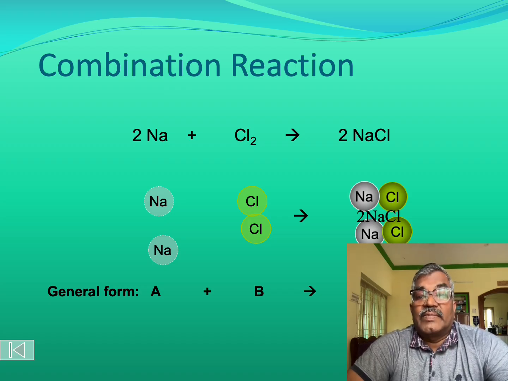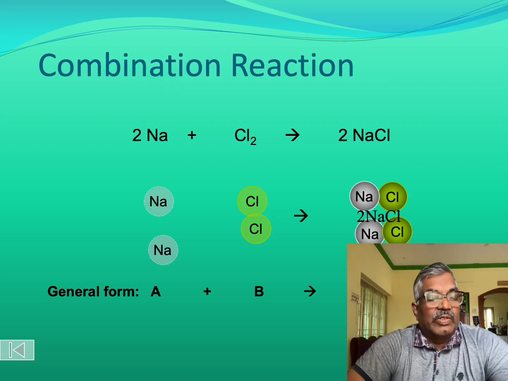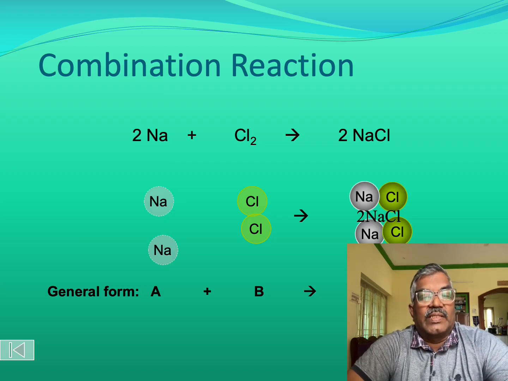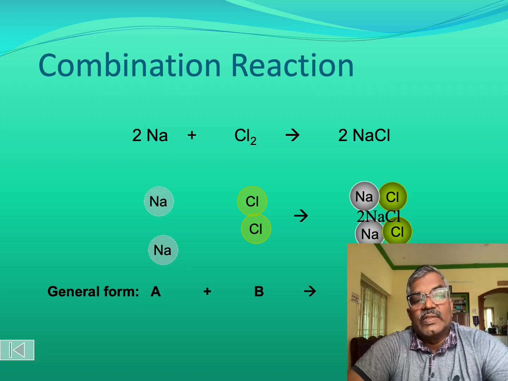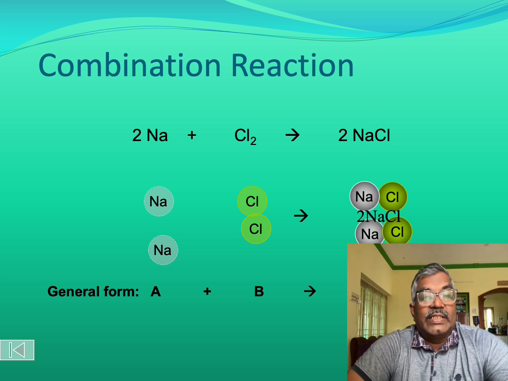The second example of combination reaction is when sodium reacts with chlorine. You know that the symbol of sodium is Na and the symbol of chlorine is Cl. Here chlorine is a gas, that is why it is Cl2. When sodium reacts with chlorine to form sodium chloride, this is a balanced chemical equation. I want to remind you what a balanced chemical equation is.